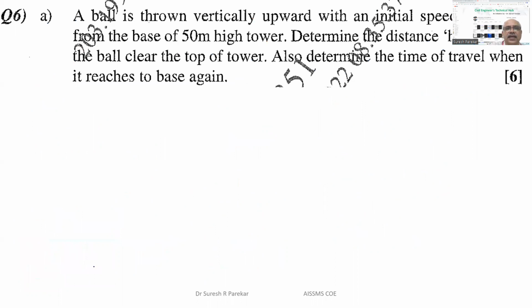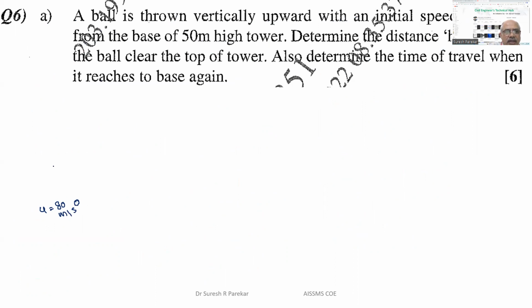Then we have the second question. A ball is thrown vertically upward with an initial velocity of 80 meter per second. So always draw the diagram and write the data. U is equal to 80 meter per second, vertically upward from the base of a 50 meter high tower.